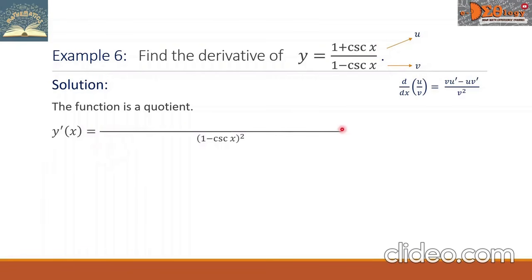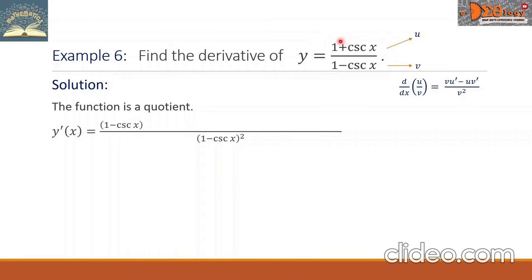First, in our fraction, we copy our denominator v, we copy it here with power 2. And then, we copy this value of v, the 1 minus cosecant x, up here, multiplied by the derivative of our numerator.